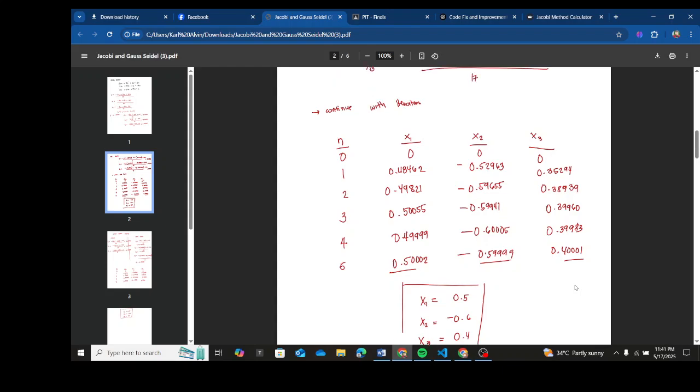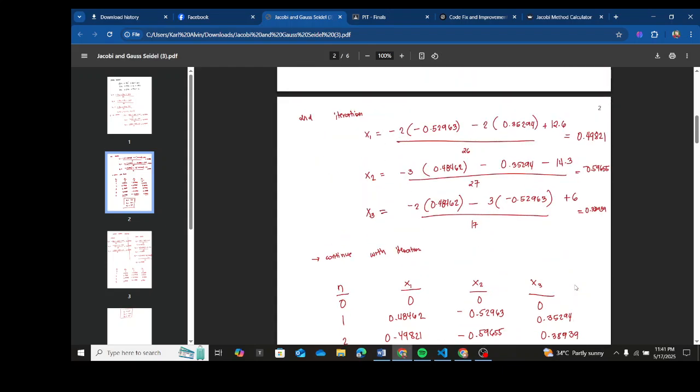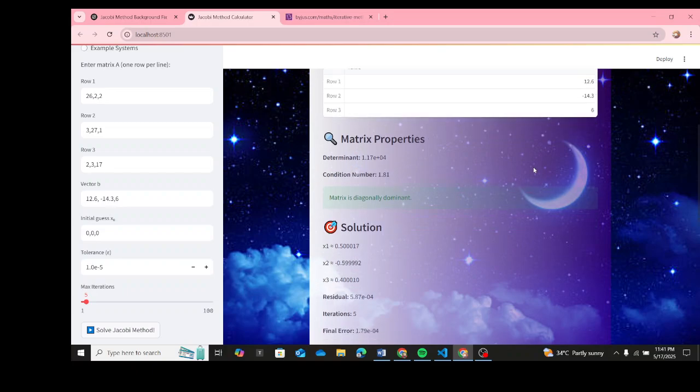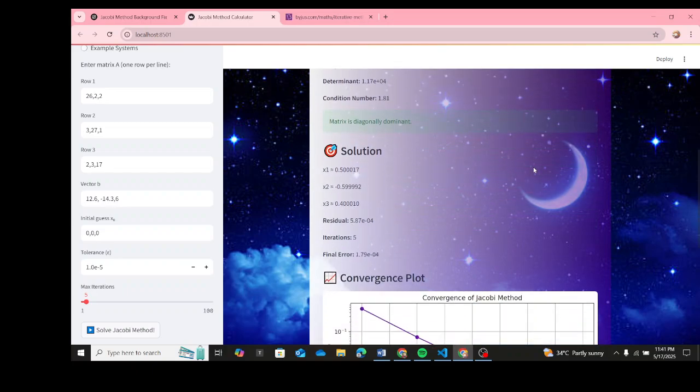So it means this app also gives you the accurate answer, but in an approximate way.